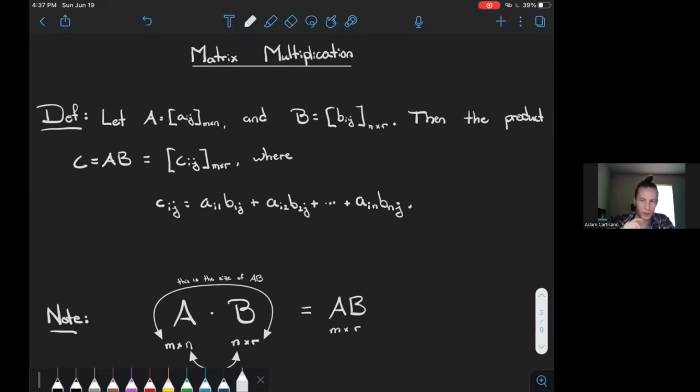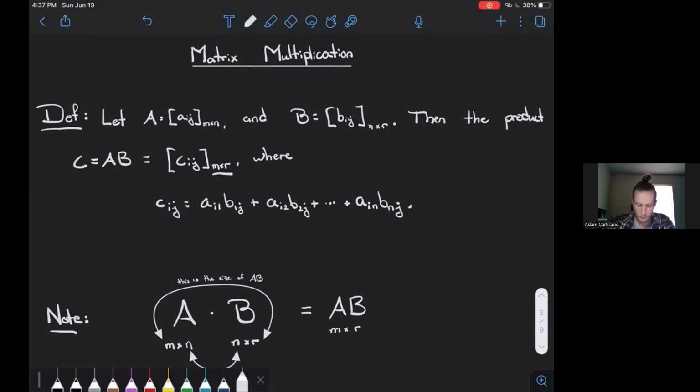Then the product, C, which is A times B, will be an m by r matrix, with entries Cij, where Cij looks an awful lot like a dot product. It is a dot product. It's a very specific one.